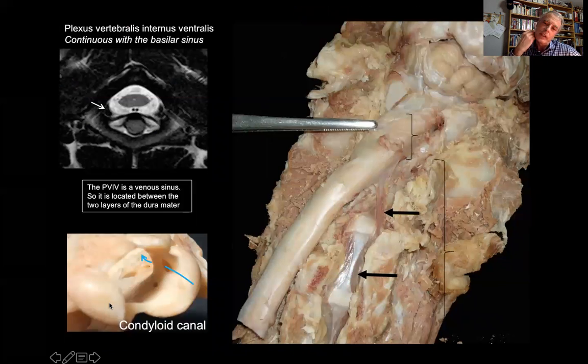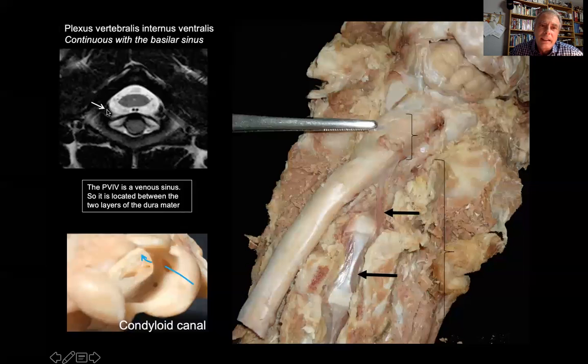Okay, what is going to happen at the cervical level? Look, when you do a transverse section on MRI, this is the atlas, right? This is the dens of the axis, right? You see the spinal cord, right? This is the subarachnoid space. We are between C1 and C2 cervical spinal segments.